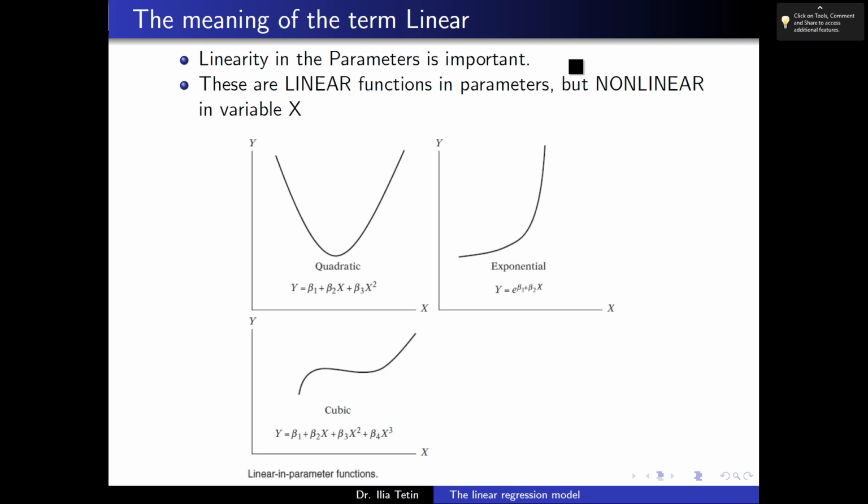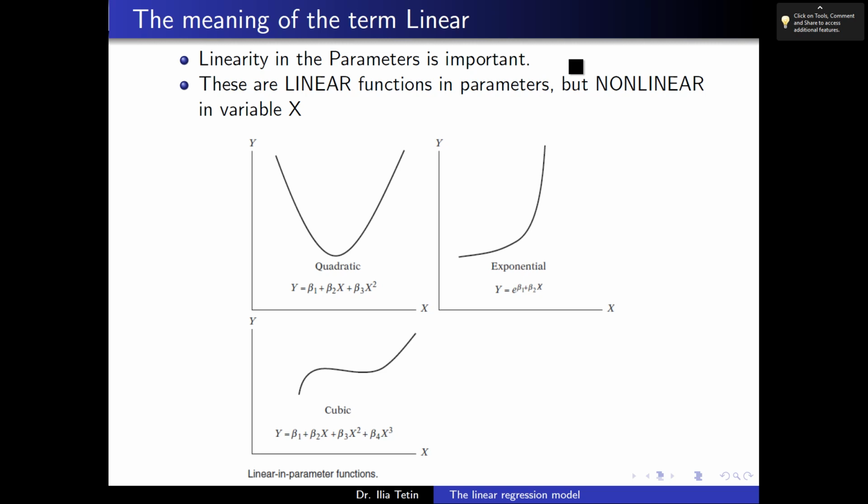Although it's non-linear in x, it's linear in betas. The same thing happens here. Is it linear or non-linear? It is linear in betas, and actually we can linearize this equation just by taking the logarithms.